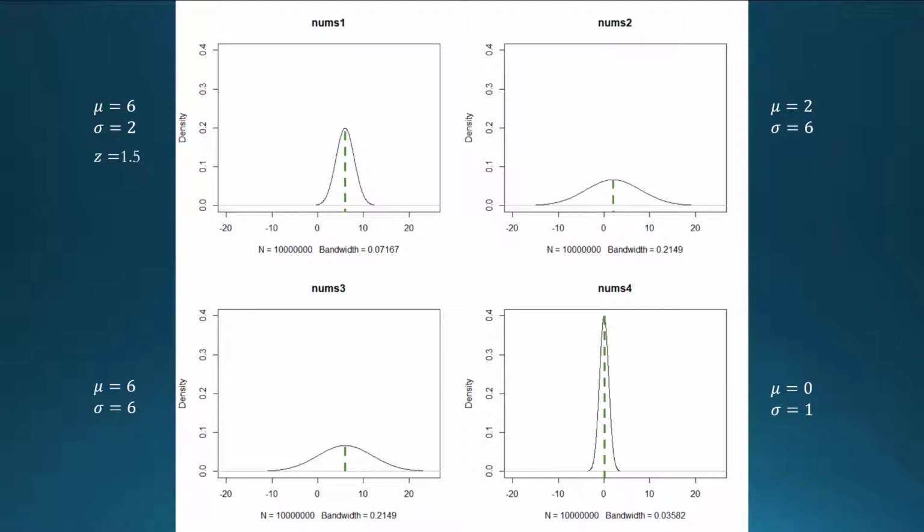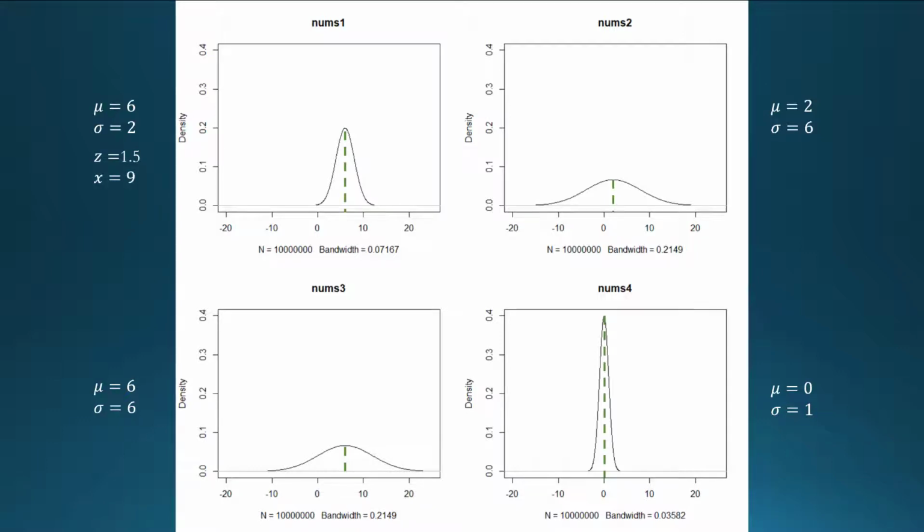for the one on the top left, then that means the value of x. So remember, when we're finding the areas under the curve in R, we have to refer to the values on the x-axis. And so z, in this case, we have to plug it in, and we get x is 9.